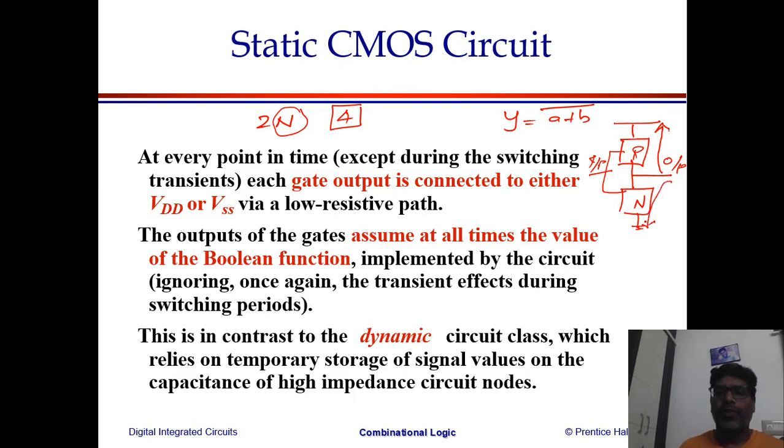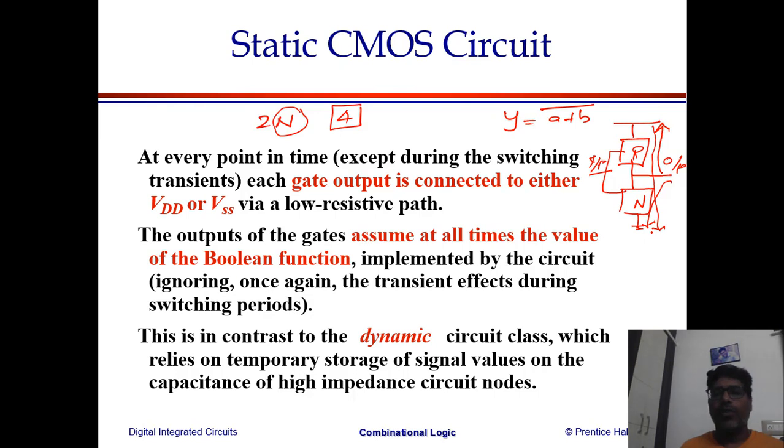At no point of time in steady state is there a direct path from VDD to ground. That's the beauty of this, which means if there is no direct path from VDD to ground, then there is no power loss.